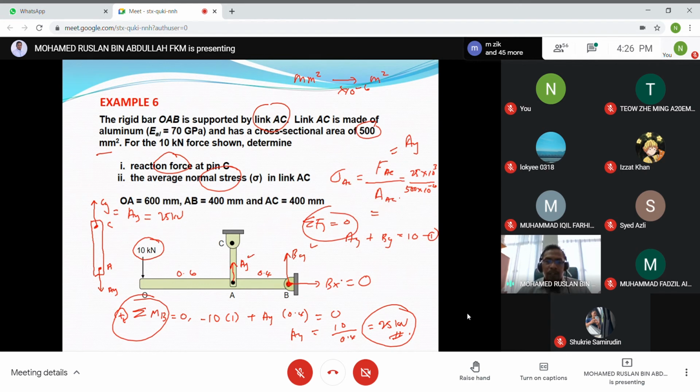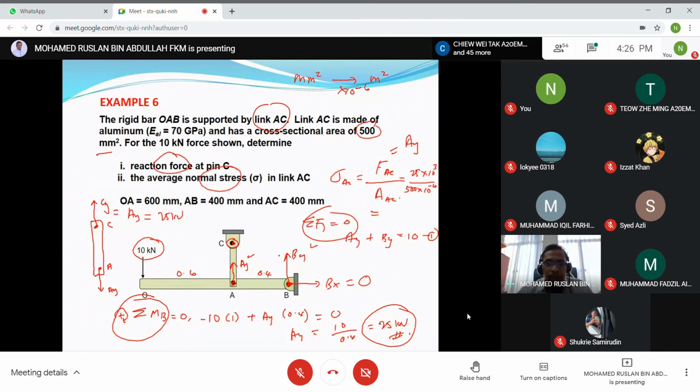Then you refer to the question: what is the reaction force at pin C? If you know the reaction force at pin A, automatically you know the force at point C, because this is a two force member. That's why AY equals CY.